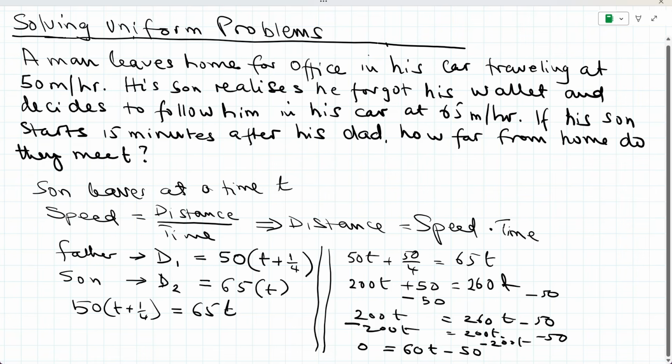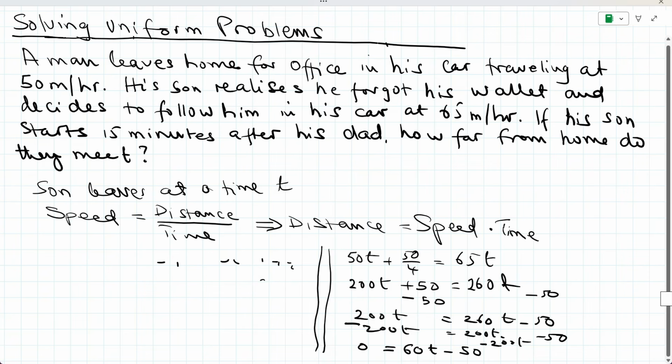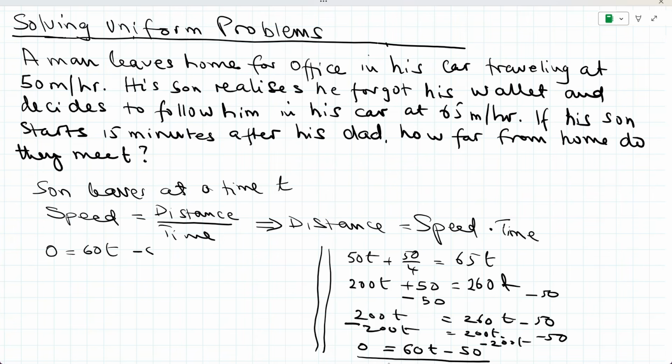So this equation we have at the bottom here can now be rewritten as 0 is equal to 60t minus 50. So we add 50 on both sides of the equation, and we have 60t is equal to 50.